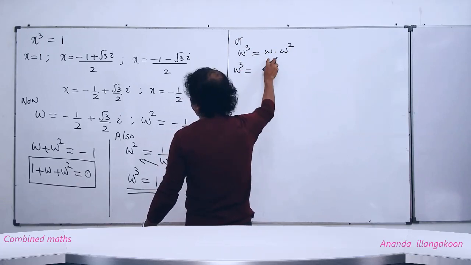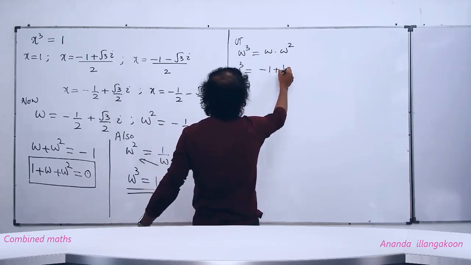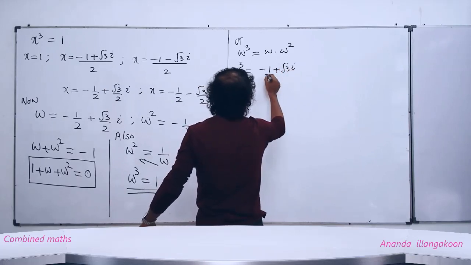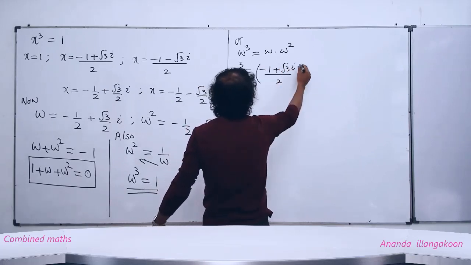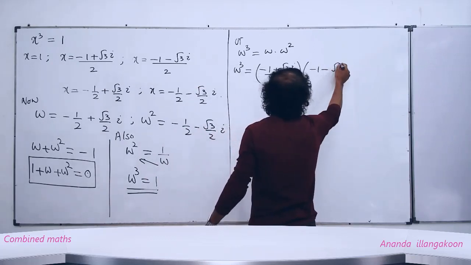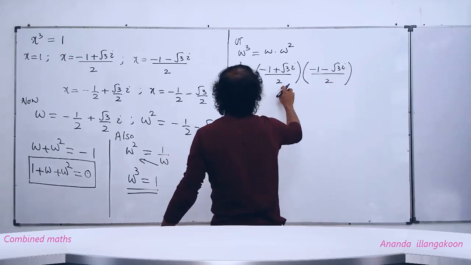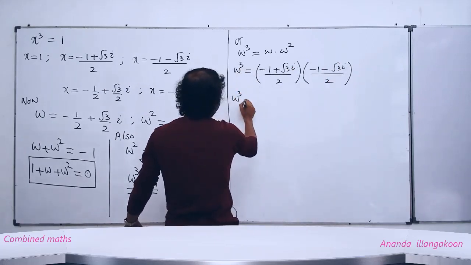Omega is this, we'll take this: minus 1 plus root 3i by 2. Then omega squared is this, no? Take this 2 out, then 4.